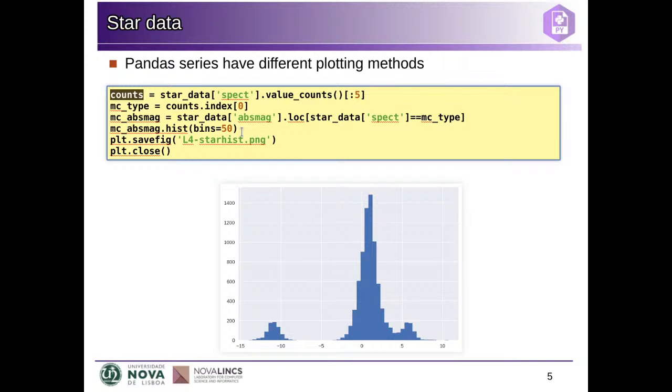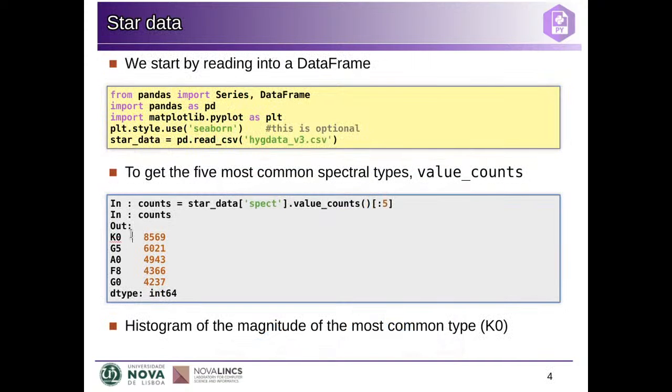entry in these counts. I can get from my data, from my table, the column corresponding to the absolute magnitude. And here I want the rows that correspond to those rows where the spectral type is this most common type. So this most common type is the K0 here.